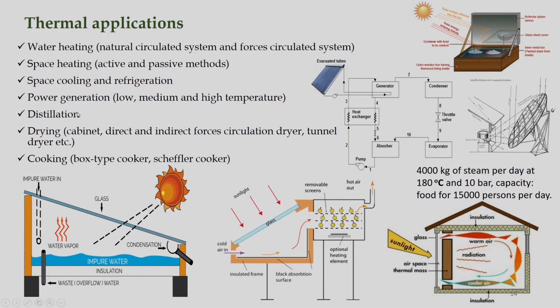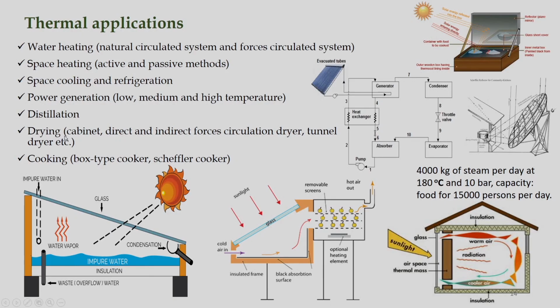And also we can use it for distillations. So, we need to generate distillate for different applications, maybe when small solar PV units are operating with a storage system. In those batteries, distilled water is also important. So, in those cases, if we suggest a distillation unit, that will be very much helpful. And drying, of course, you have seen some of the things.